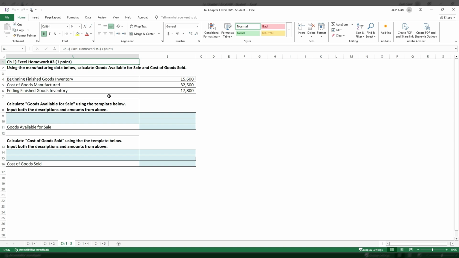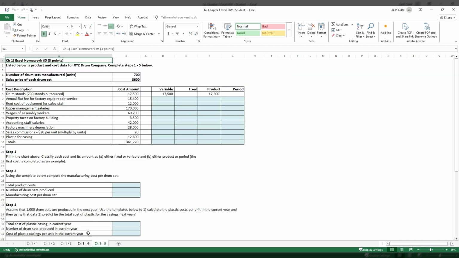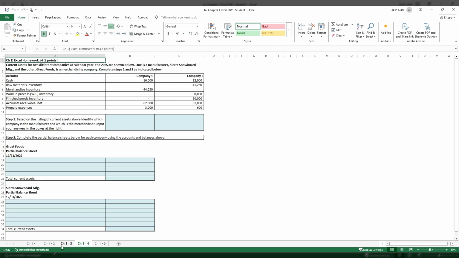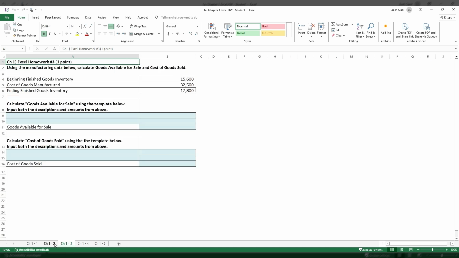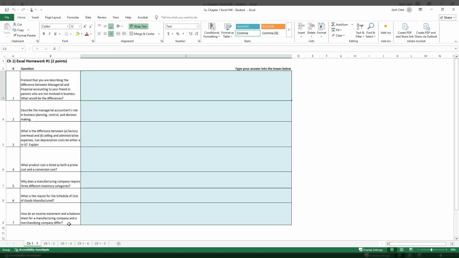There are also instructions throughout the file, but hopefully the blue draws your attention to the specific location and helps you begin working on that particular exercise. As long as you're following along with me in these videos, I will guide you through basically the whole assignment as well, so you shouldn't be confused.